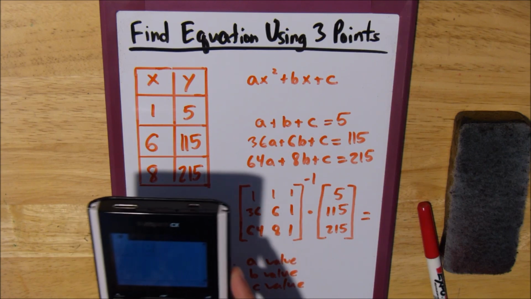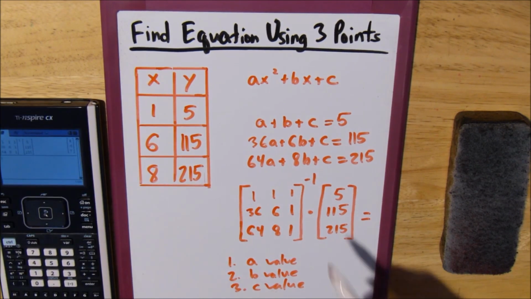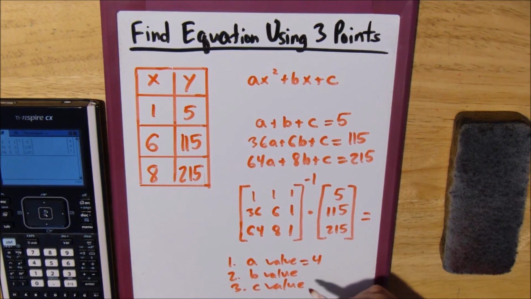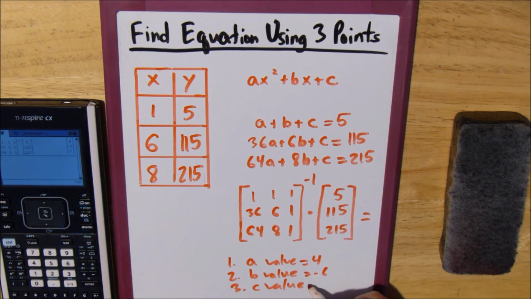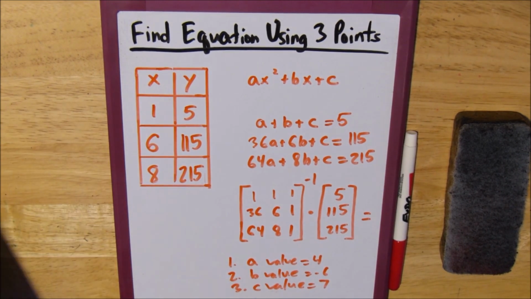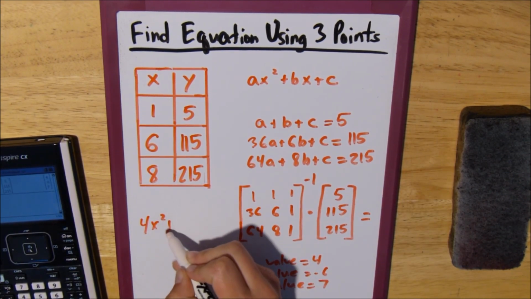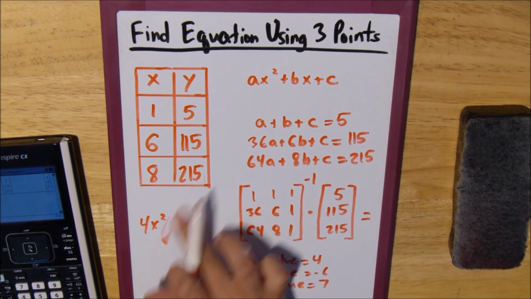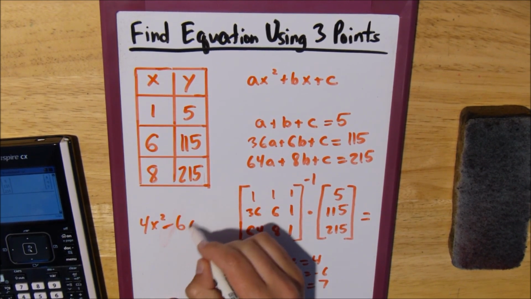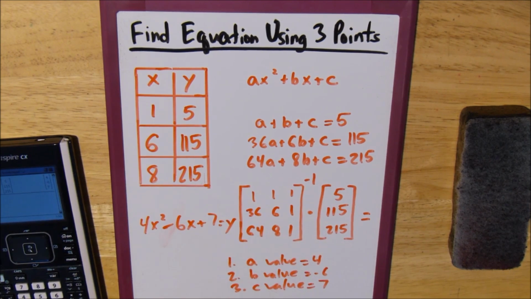Alright, so I ended up getting a is 4, b is negative 6, and c is 7. Now, let me write out the entire equation: 4x squared minus 6x plus 7 equals y.